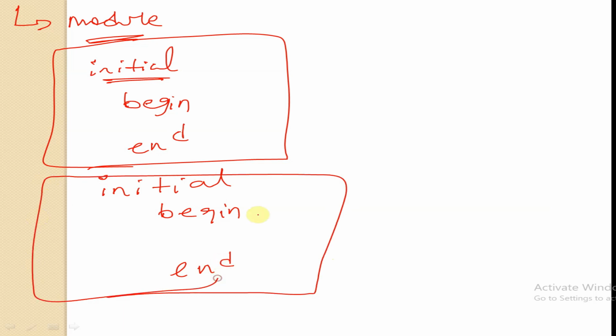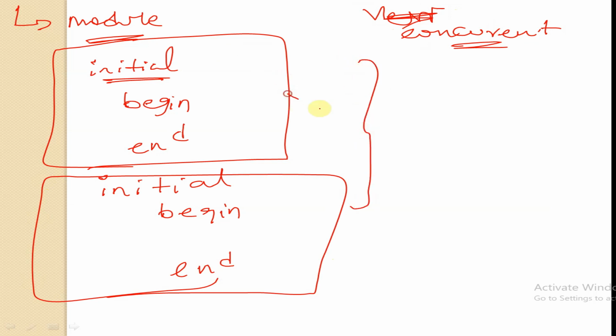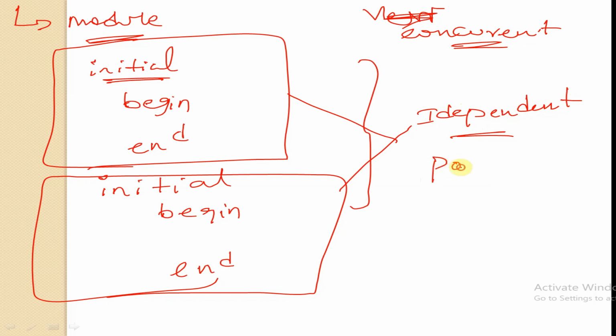As we have discussed, Verilog is a concurrent language. So each initial block will work independently and parallelly. These two initial blocks are independent of each other and they run parallelly.